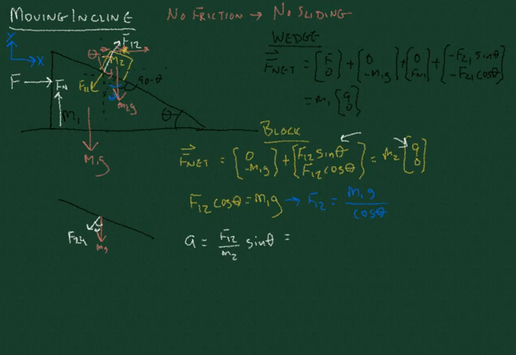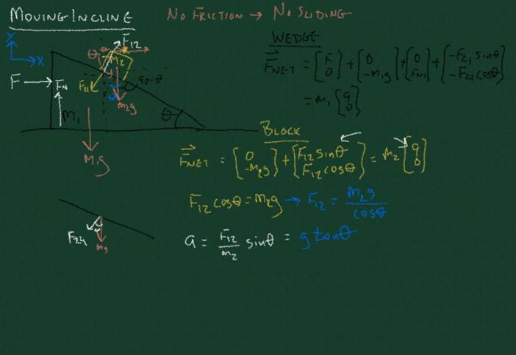That should have been an m2g. So the m's cancel out, because this is an m2 now, okay, so we're just left with a equals g tangent of theta. Okay, so that's the acceleration of the system.